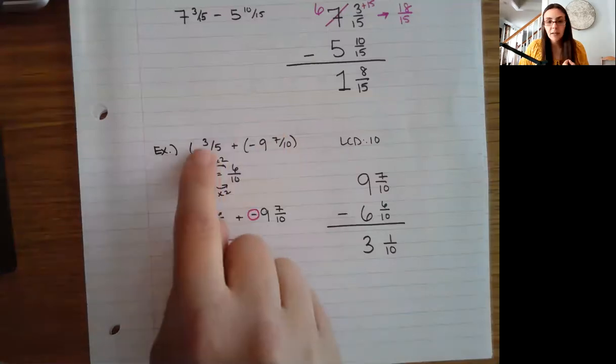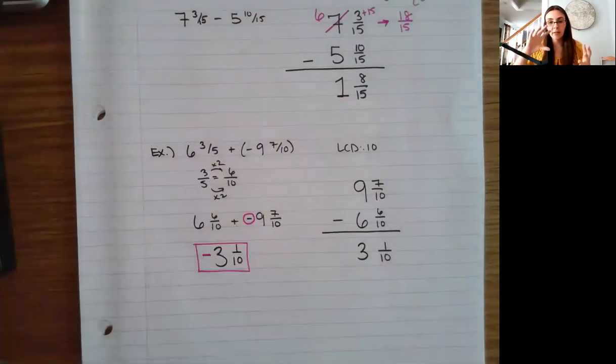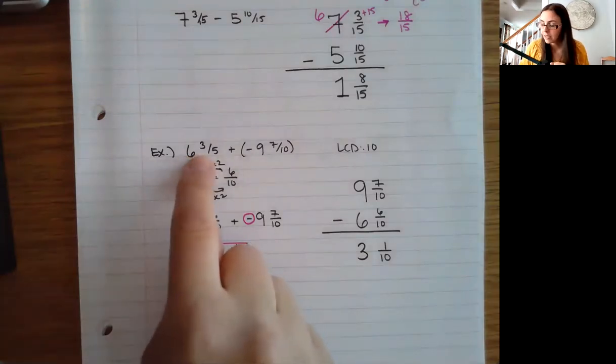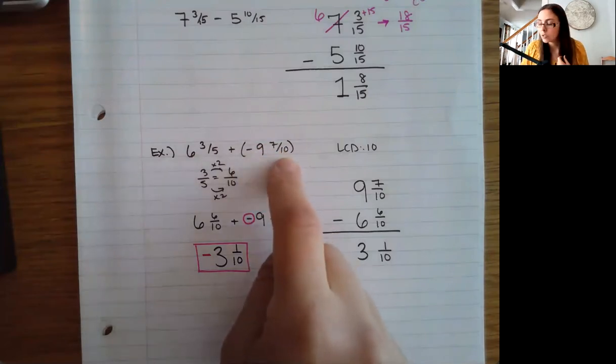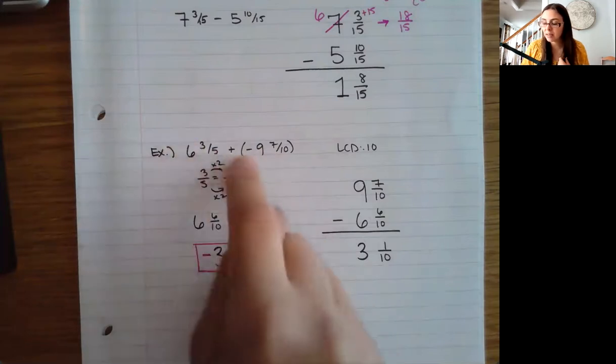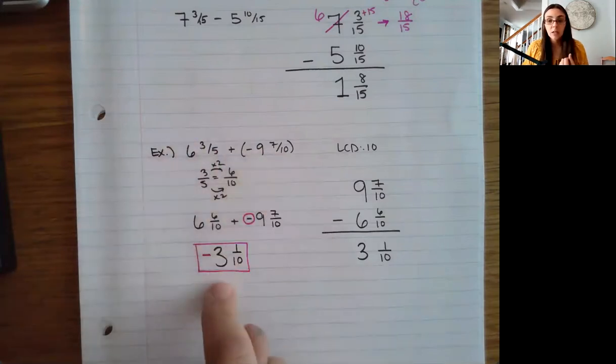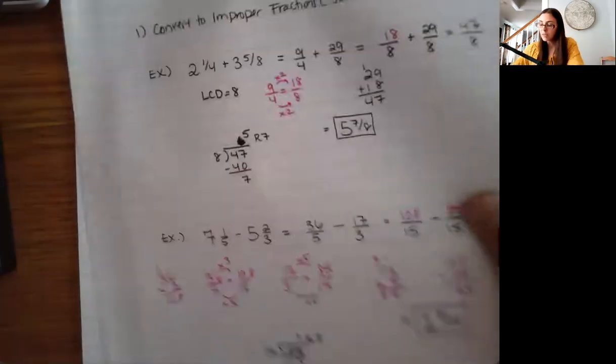Same thing here, 3/5. Well, that's over the halfway point. If I draw a picture, I have a little more than half shaded in. So this is about 7. And here, 7 out of 10, again, that's over the halfway point. Half of 10 would be 5. So this is about negative 10. So I'm like 7 plus negative 10 is about negative 3. So we can kind of use these ideas here to estimate our answers as well.